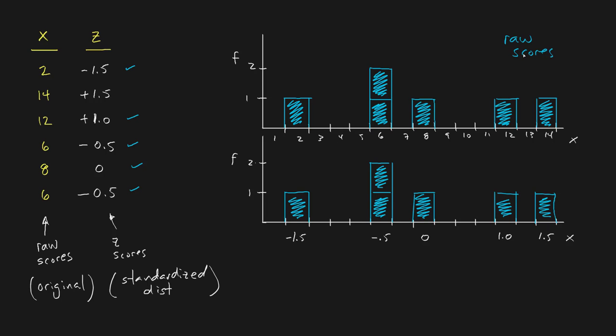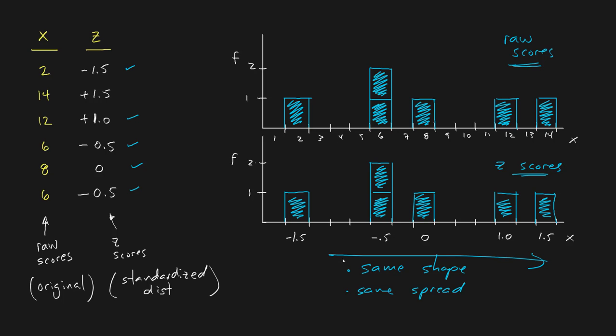When I go from plotting my raw scores to my z-scores, nothing changes whatsoever with regards to the shape of the distribution. The distribution has the same shape. It's also spread out in the same way.